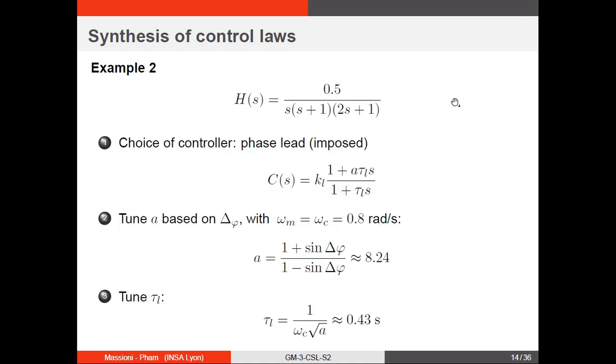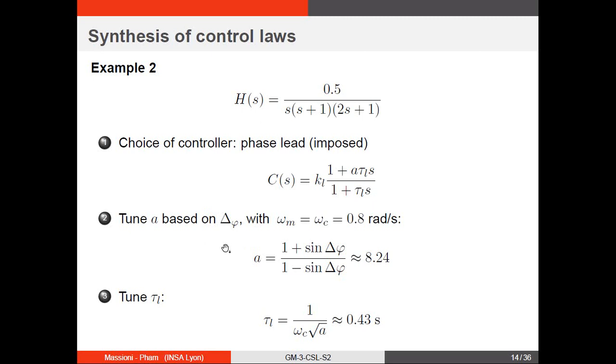You remember in the past class there is one slide that shows you the recipe on how to tune the phase lead control. So we choose a phase lead controller. It has this formula, with two parameters A and KL, and tau L if you wish. The recipe allows you to find these two parameters just by setting A as a function of this extra phase.